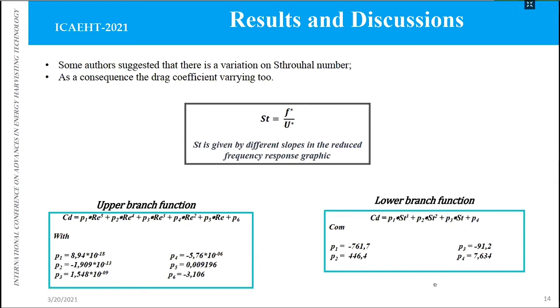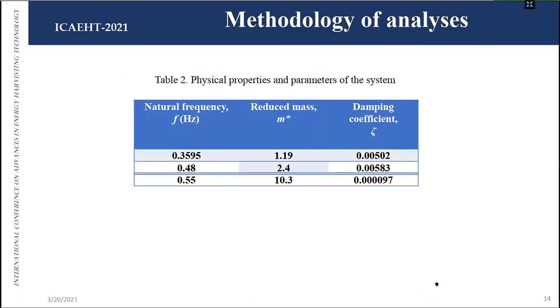identifying functions, we try to make new comparisons with the experiments of Khalak and Williamson 1996 and Govardhan and Williamson 2000. We set these parameters, natural frequency, reduced mass, and damping coefficient, and we kept the same parameters of the experiments of these authors.